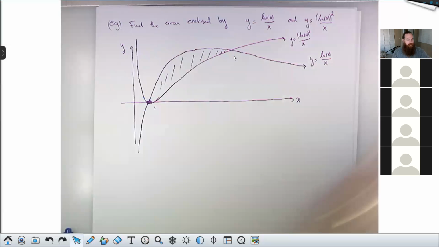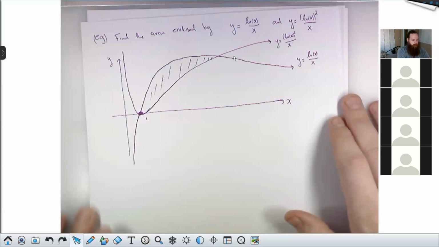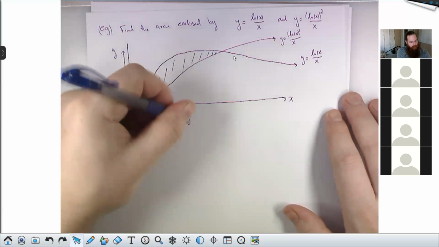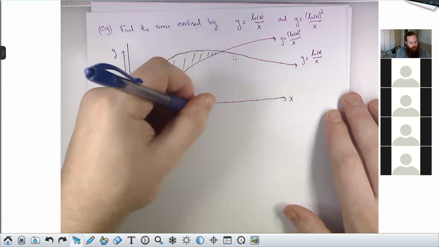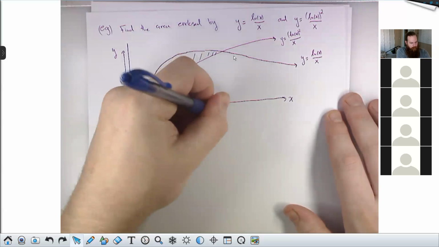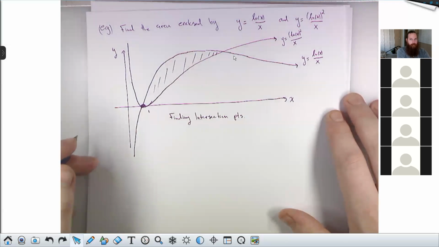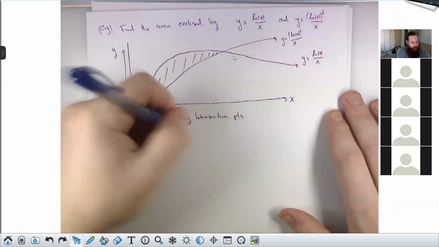So I need to find the intersection points. So we're going to find the intersection points by setting them equal.